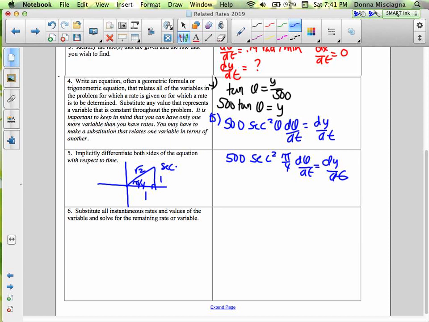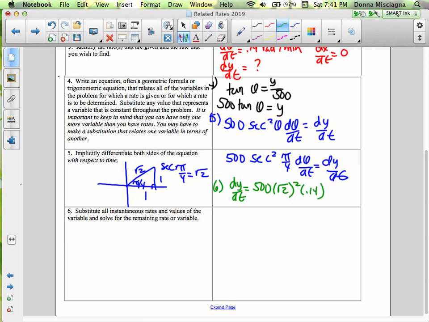And the secant of pi fourths is just going to be the square root of 2 over 1, or the square root of 2. So this is a pretty easy equation to evaluate. Let's simplify the rest of this. dy dt equals 500, secant squared pi fourths is now the square root of 2 squared, and d theta dt is 0.14.